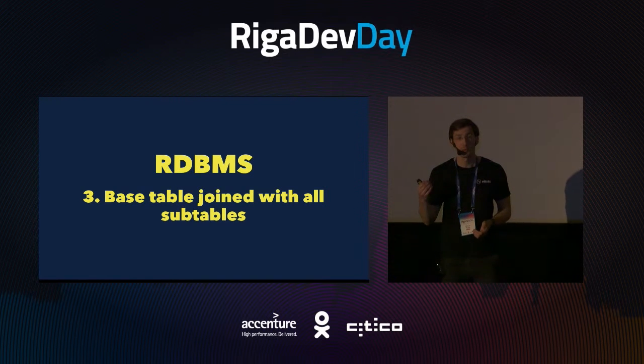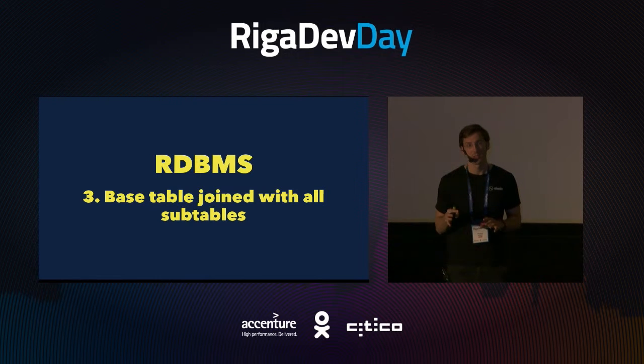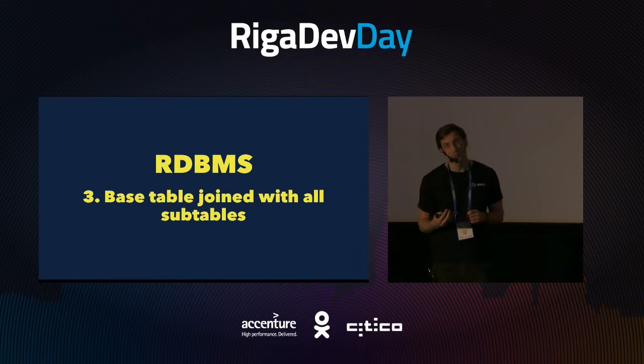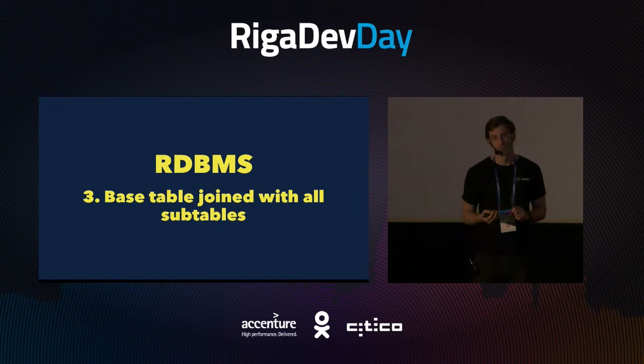And the third option would be, just as you have your classes, you structure your tables. So you have a base table for employees, and then you have 2 tables, workers and managers, and these are joined to your base table. Every time you need to access a manager or a worker, you need a join to join the base table and the concrete instances together, which kind of works.